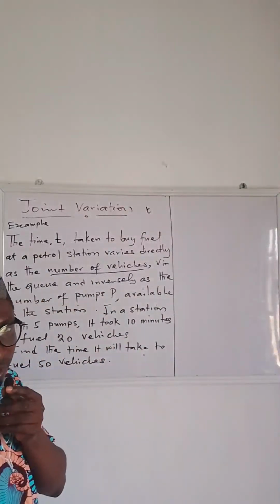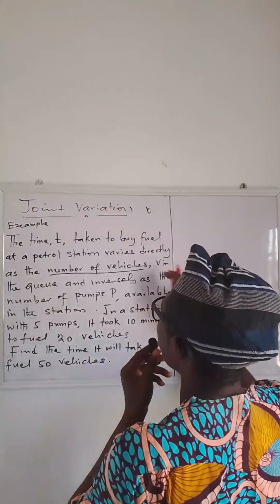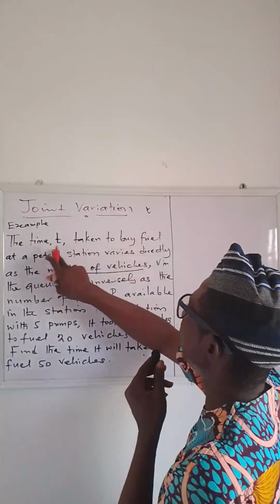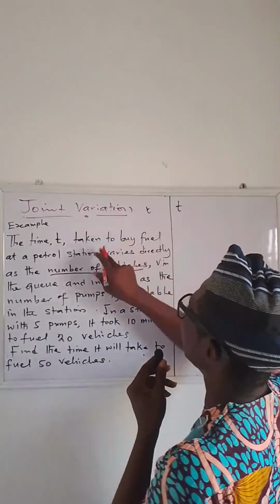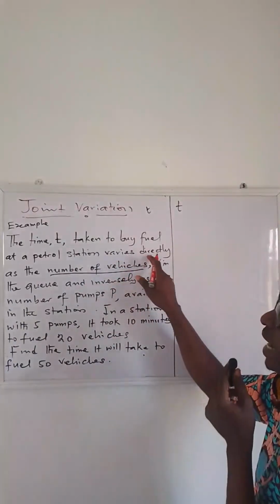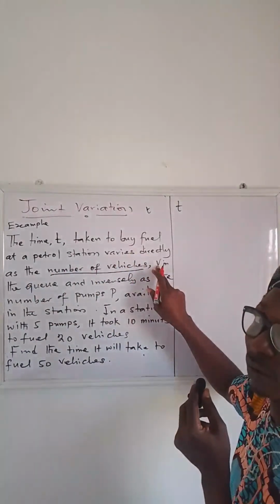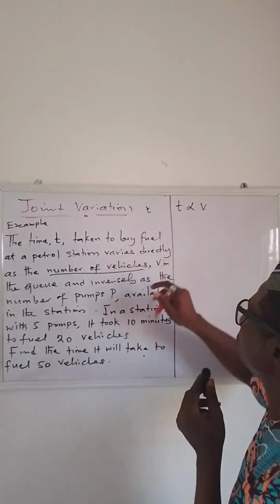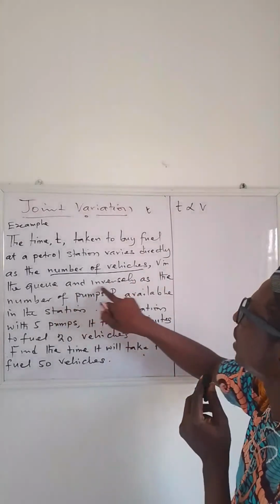How do we now represent this mathematically? So we have T, the time taken to buy fuel, varies directly as the number of vehicles, which is represented with V, in the queue, and inversely.